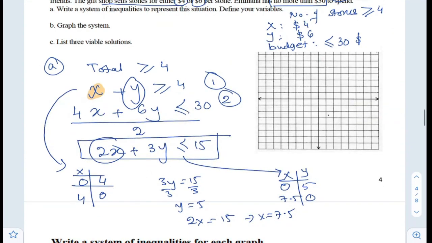And let's try to graph. We have here the first inequality. This is the first one. 0, 4, and 4, 0. Matching. And the shading is above. Second one, 0, 5.